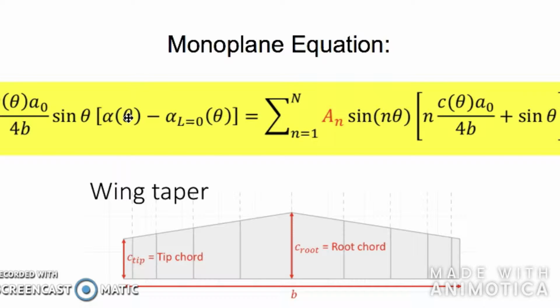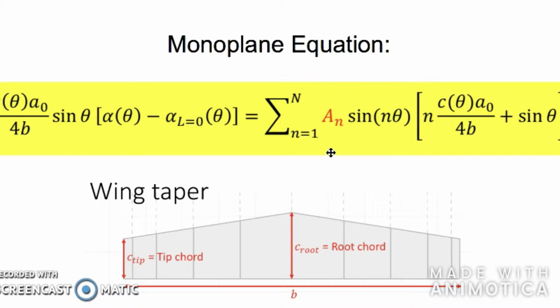This equation enables the calculation of essential coefficients, the An coefficients, and therefore allows us to calculate the lift and drag properties of the wing. This equation depends on the geometry of the wing and is used to study wings with a general geometry.